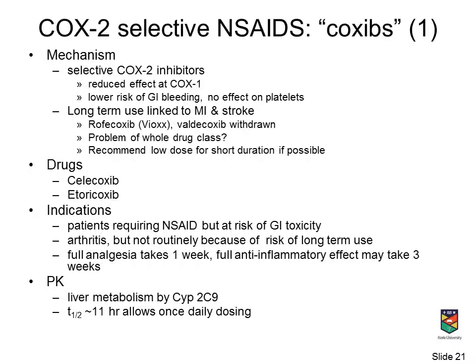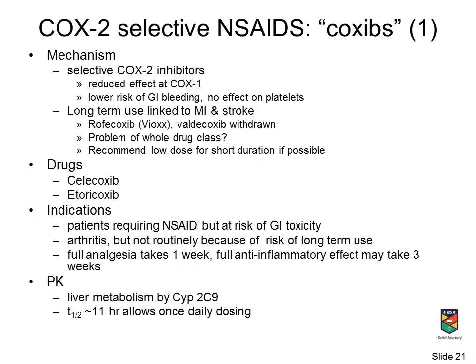You need to get the analgesia but you've got to stay away from inhibiting COX-1, so that then they can be useful. But again, you need to use them at a low dose for as short a duration as possible. So that though, for example, you can use them in arthritis, you wouldn't want to use them for prolonged use because of the potential for myocardial infarction and stroke.